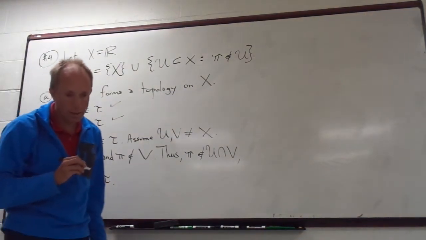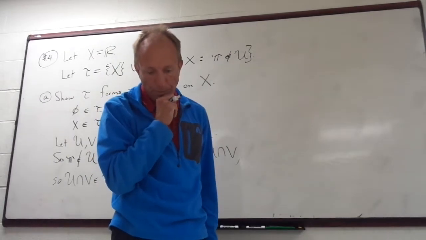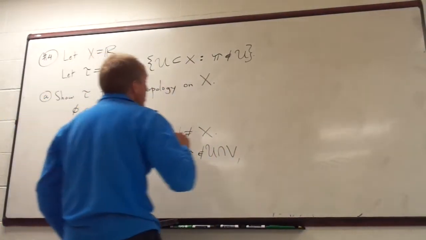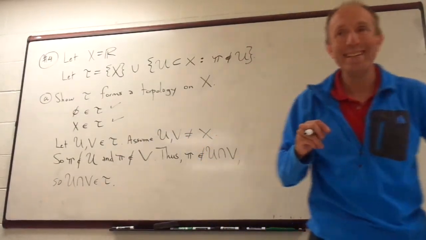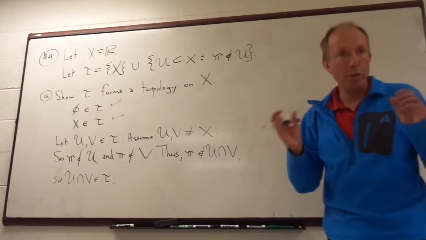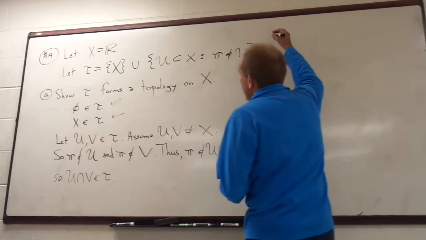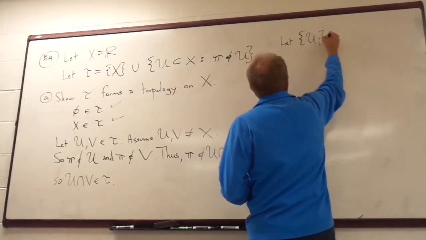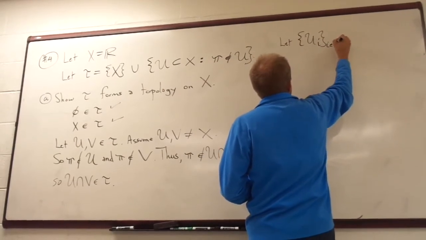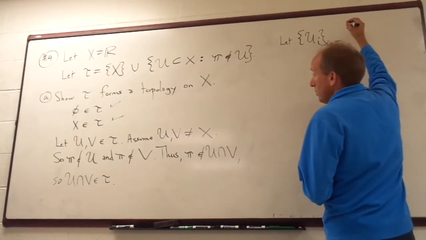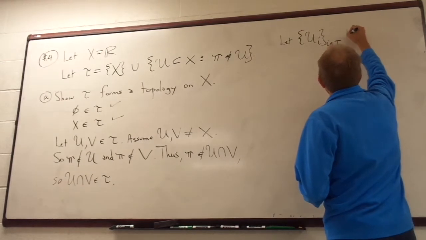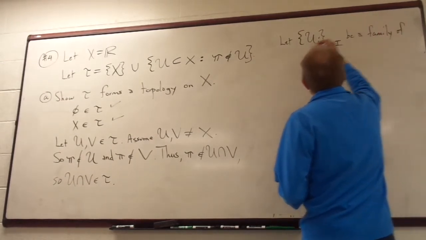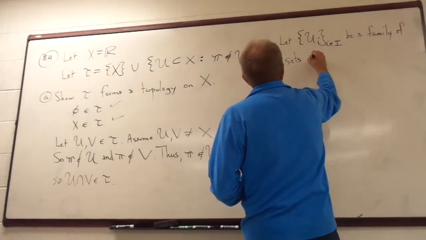Okay, very good. So what else do we have to show? Arbitrary infinite unions. Yeah, right. Arbitrary unions, exactly. So finally, let the set of U sub i, where i is in some index set, be a family of sets in tau.